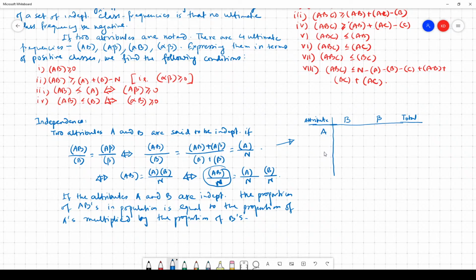A, alpha, this is total. So both present; A present, B absent. This is the total.